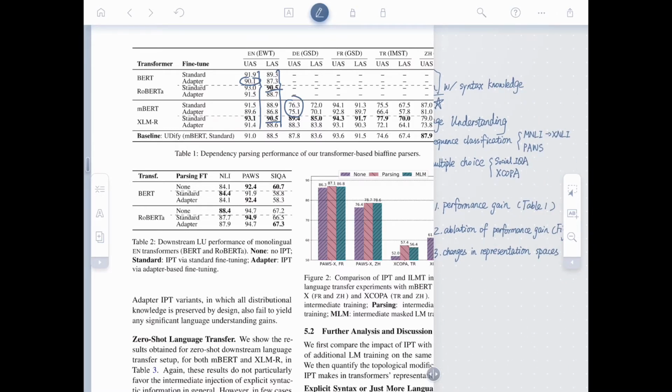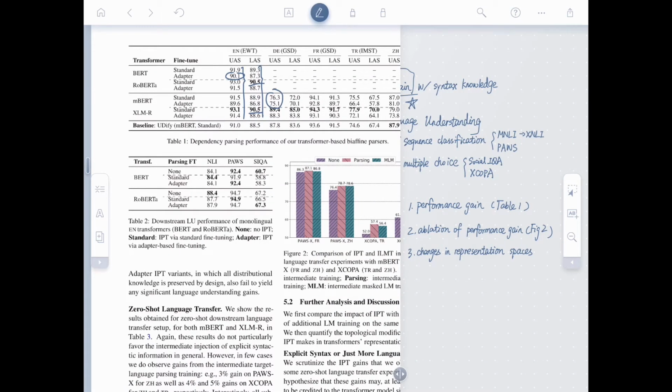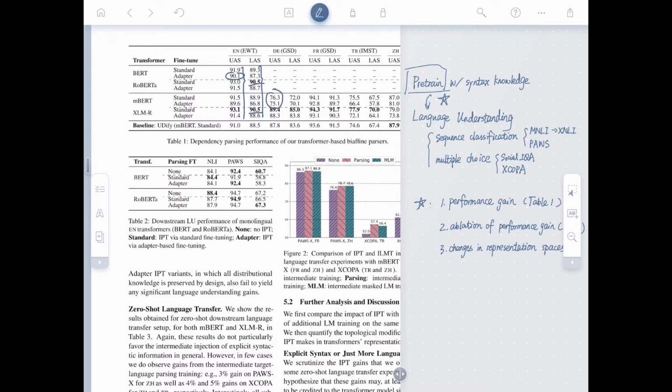The second experiment I want to talk about is the ablation study of the performance gain. Because you inject syntactic knowledge, you effectively expose new text to the language model. So is it possible that the performance gain results from the model seeing the new text instead of the injected syntactic knowledge?